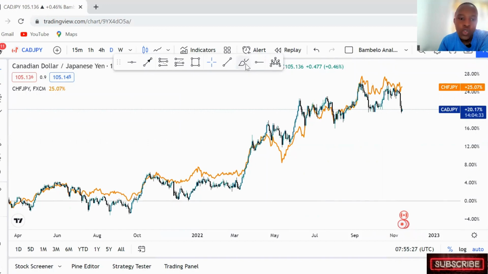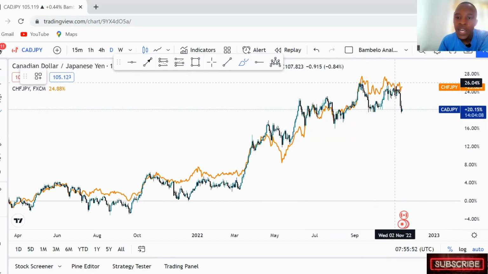But if you also look at what's happening here, look at Swiss JPY, how it has been keeping up with CAD JPY, because they move almost the same, and then started consolidating. Then the other one started showing signs of moving to the upside, and then the other one followed. So I would say that Swiss JPY, because of the high percentage, is the leader, and CAD JPY follows, it tracks what's happening on Swiss JPY.